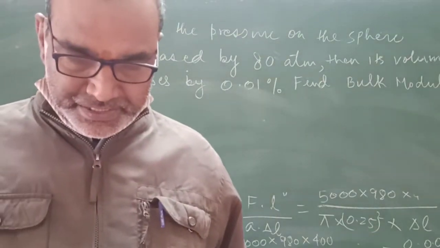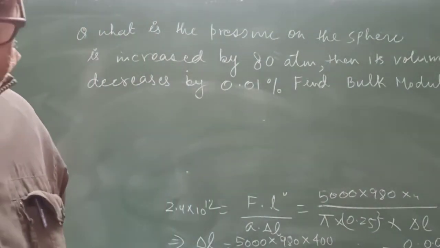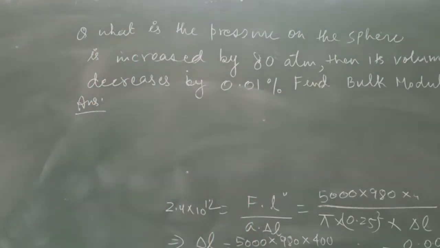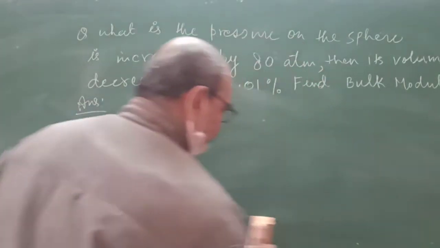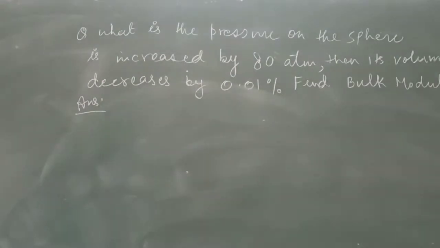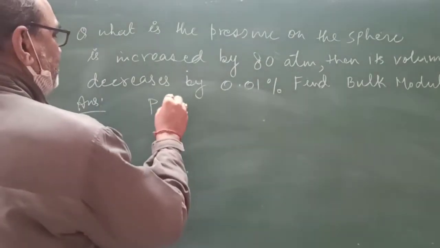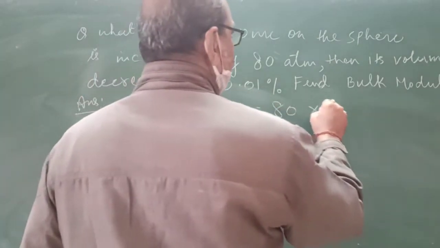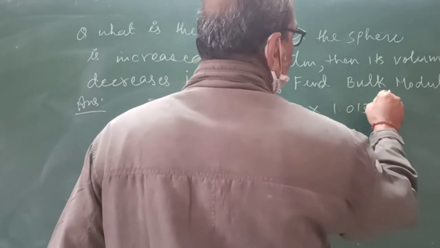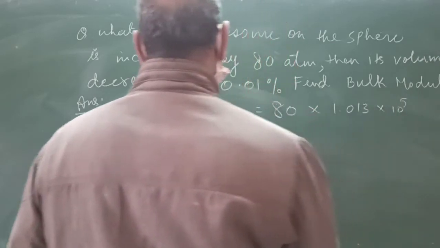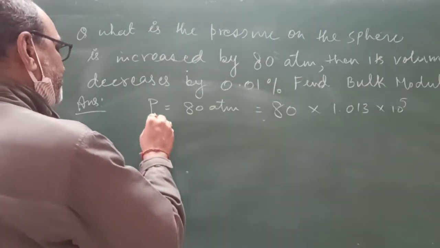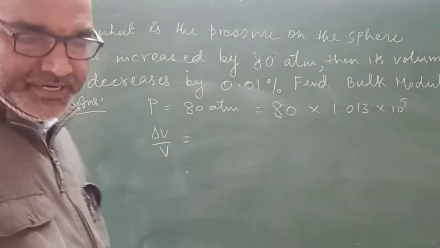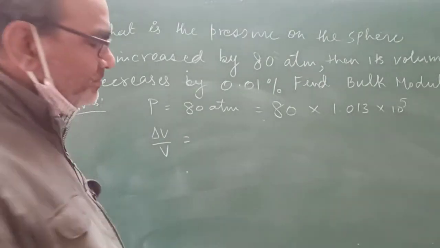Therefore, P is equal to 80 atmosphere, which is 80 into 1.013 into 10 to the power 5. Delta V by V is equal to 0.01 by 100.